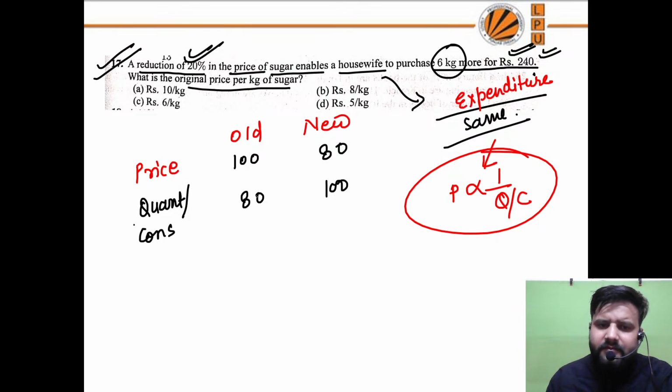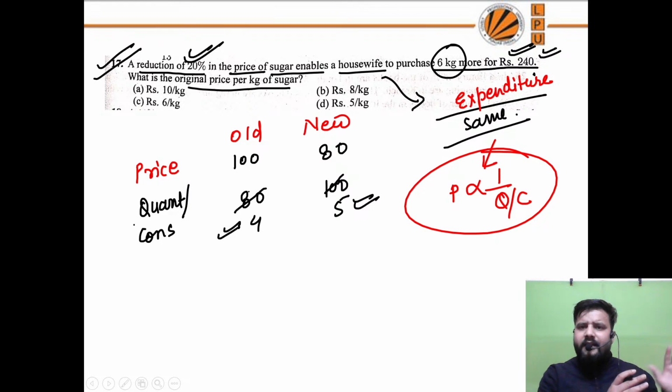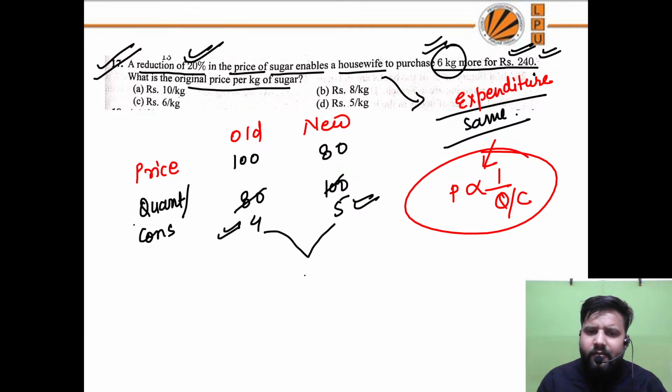If you cancel the common part, it is 4:5. It means if you were getting 4 units initially, now you are getting 5. But as per the question, the difference between the quantity you were getting earlier and now should be 6 kg. Here the difference is 1 unit, and in the question it is 6.